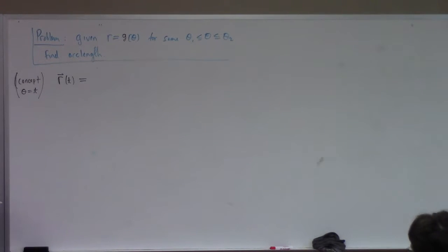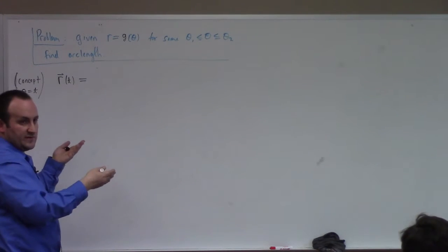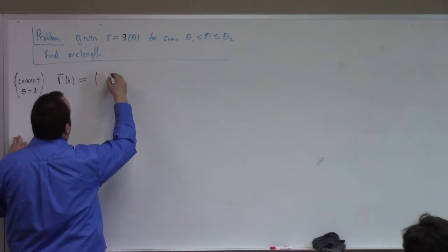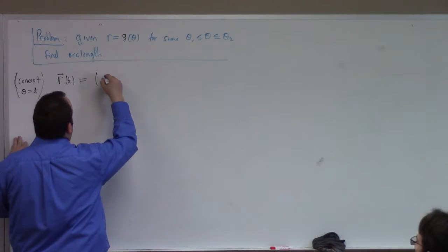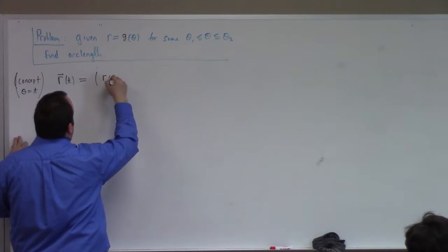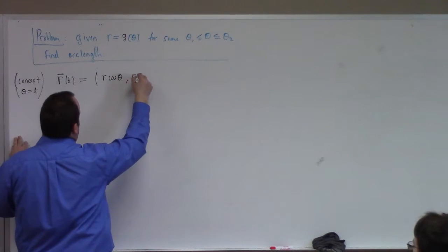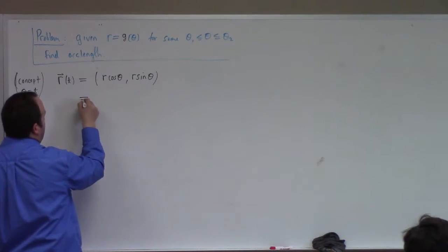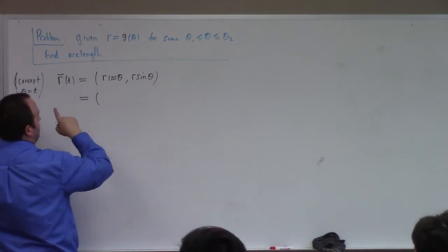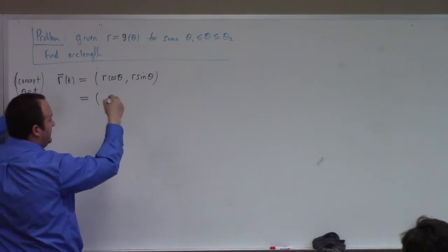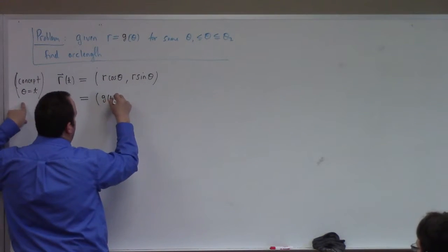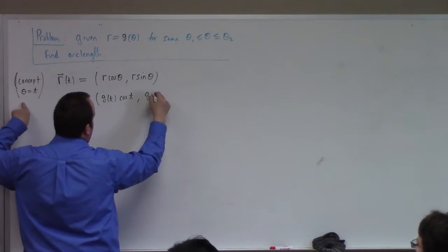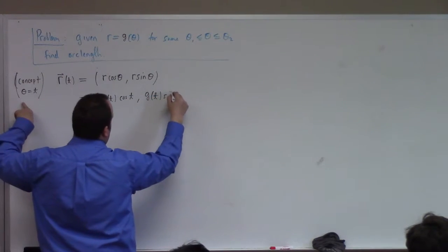And so we just use polar coordinates, which is what? Like r cosine theta, r sine theta, right? But what that actually means is what? Here r is equal to g of theta, which is g of t, right? So I actually have g of t cosine t, g of t sine t, right?